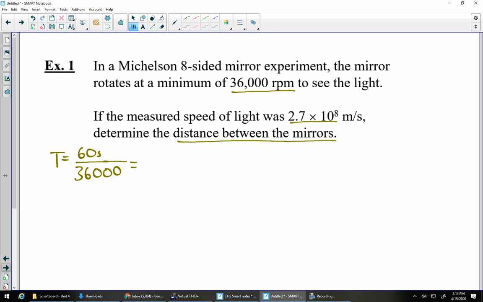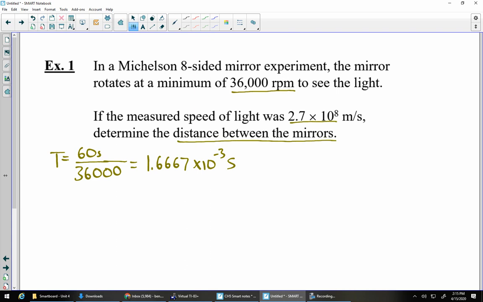So 60 divided by 3,600 should be 1.666, and I believe it's a repeating number, 7 second. Oops, I forgot something very important there. Times 10 to the power of, let's see, negative 3 seconds. There we go. That would have been a pretty big mistake there, forgetting 10 to the negative 3. But we figured it out.